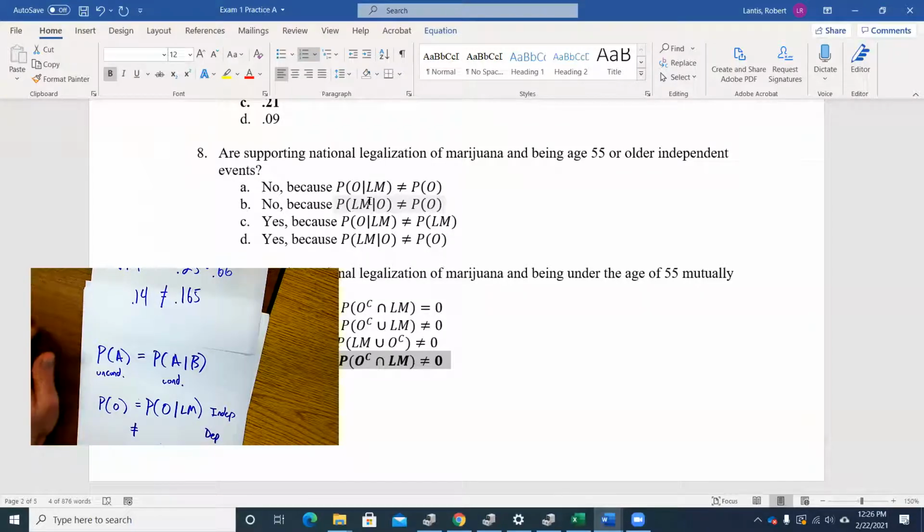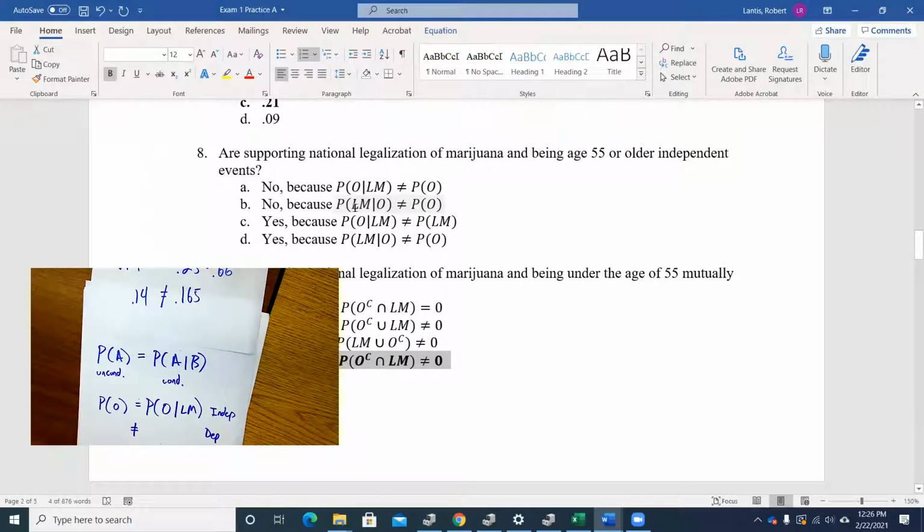Now, anytime we're checking for independence, remember, it has to be the probability of the thing on the left side of our conditional line. That's what we're still looking for the probability of. So this first part of my conditional probability should match up with whatever that unconditional probability is. So this one makes sense. I don't know if it's the correct answer yet, but at least it makes sense.